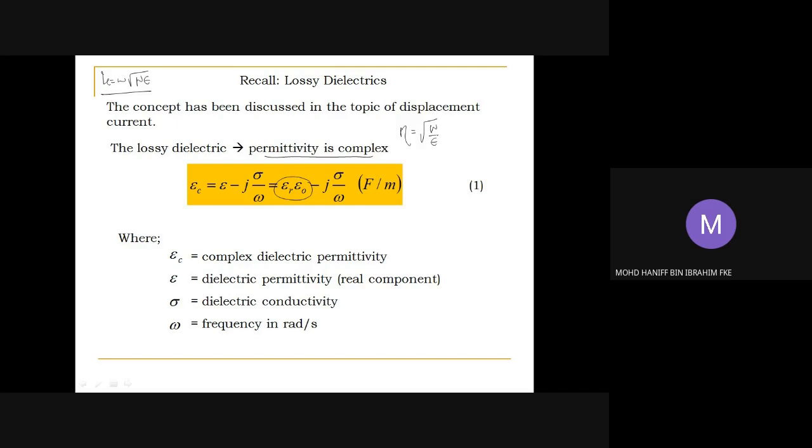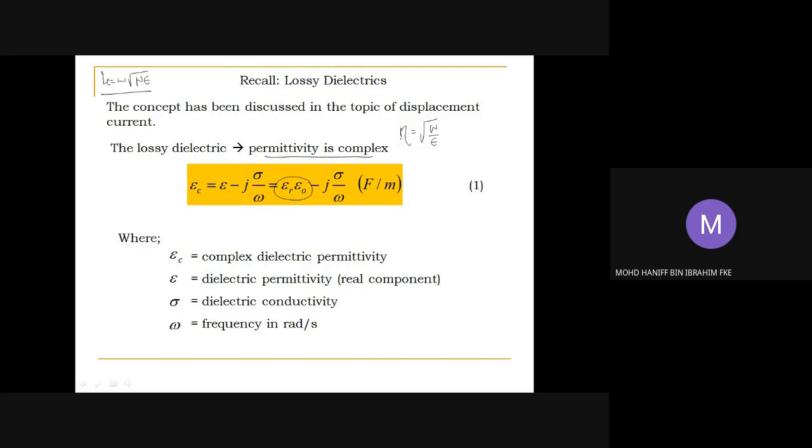For the case of lossless medium, epsilon is a real number, so the impedance will also be a real number. But when we have a lossy dielectric medium, in which epsilon is a complex number, your impedance value will also be a complex number.